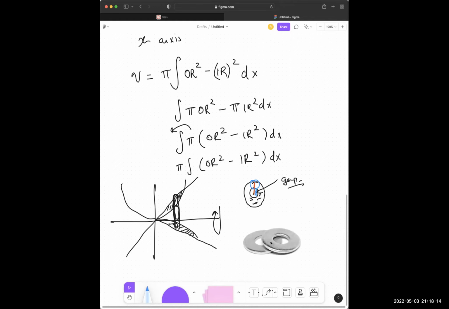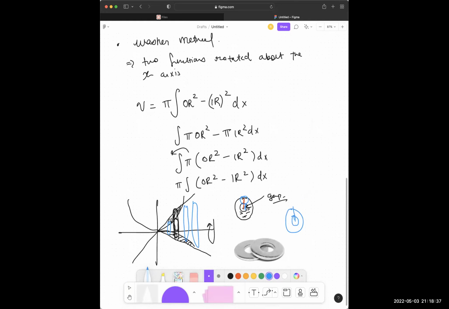And for what it's worth, they call it a washer because if you search up washer on the internet, you'll find these disc-looking things. And so this basically represents the shape that you would otherwise see had you taken one of these discs that you would have to integrate. And so, you take the outer and you subtract off the inner.